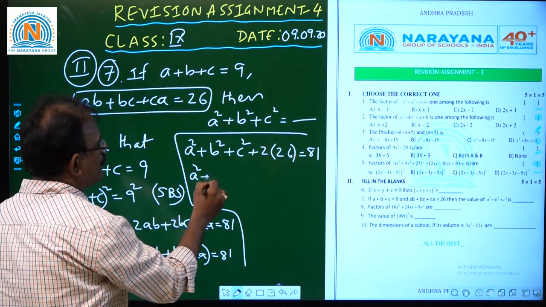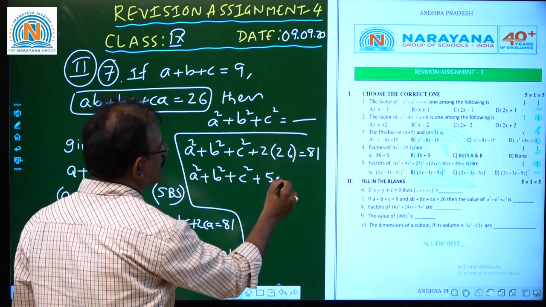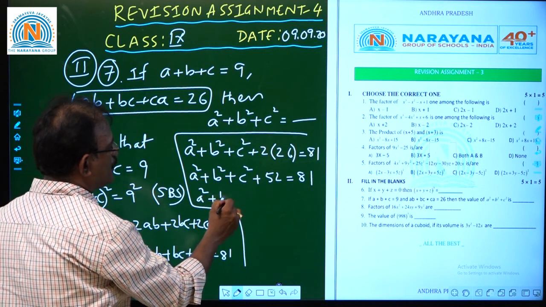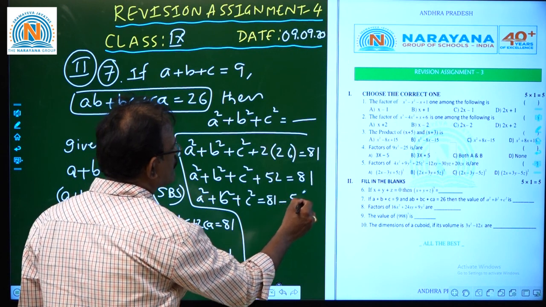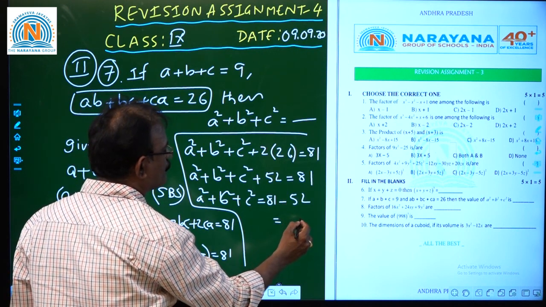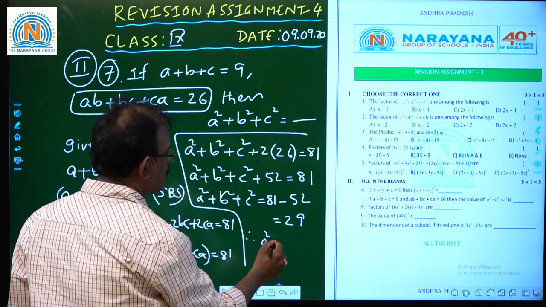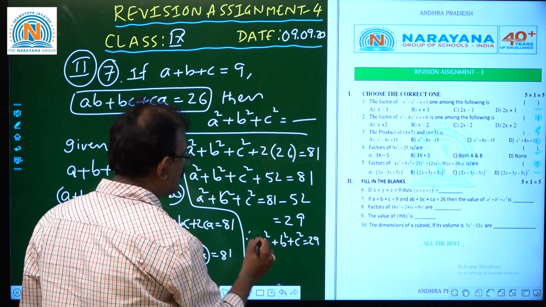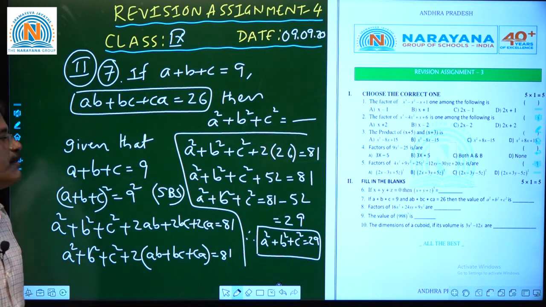So a square plus b square plus c square plus 52, 2 times 26, is equal to 81. Now a square plus b square plus c square is equal to 81 minus 52. So 81 minus 52 how much, children? 29. So a square plus b square plus c square is equal to 29. So this is the value from the given expressions, children.